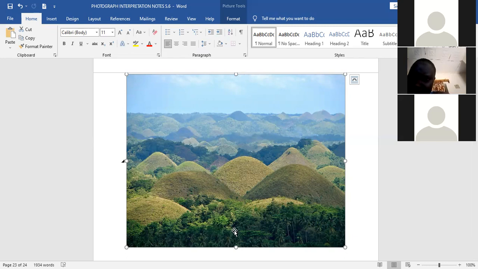We had written 1, 2, 3, 4, 5. Now the sixth problem, caused by vegetation: we can note multiplication of pests and diseases, evidenced by thick vegetation found in the foreground and in the middle ground of the photograph.